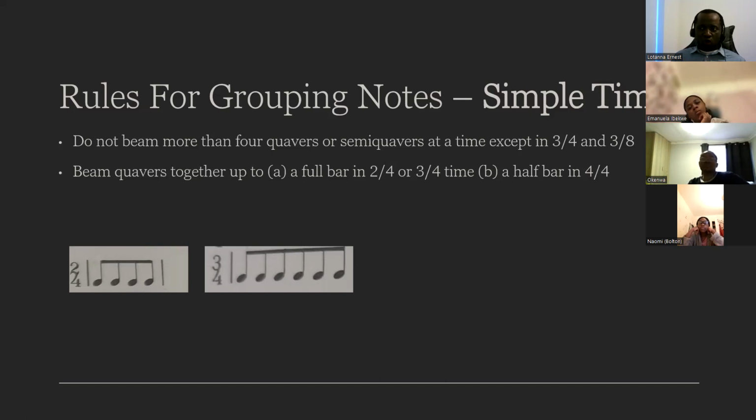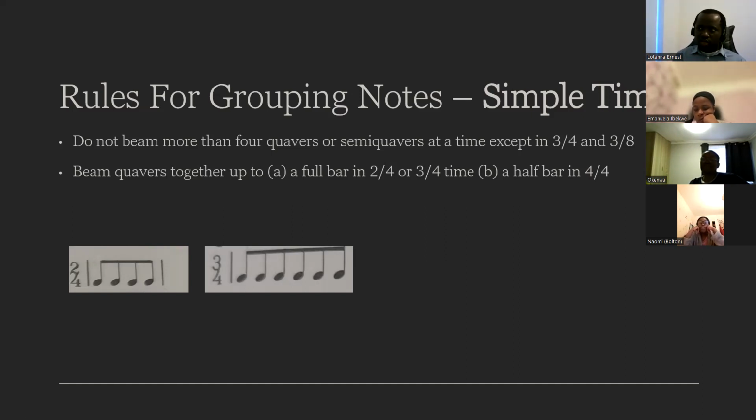If it is 2/4, that is just 2 crochet beats, am I right? Those 2 crochet beats are the same thing as 4 quavers. So it means you can beam all 4 quavers together, the complete bar.